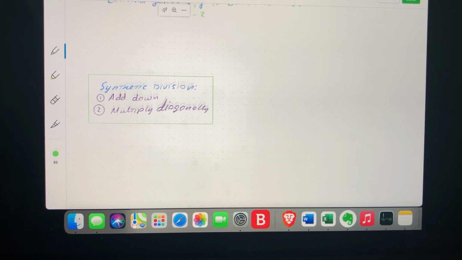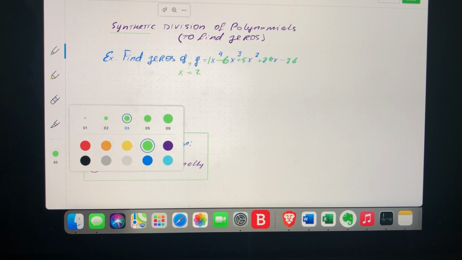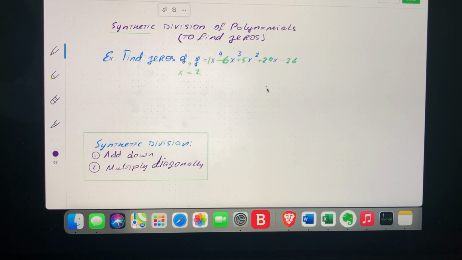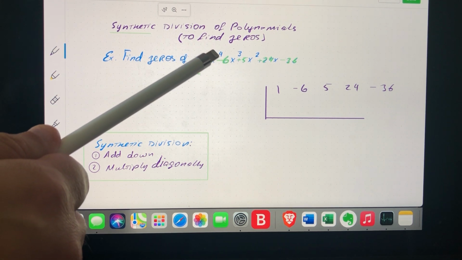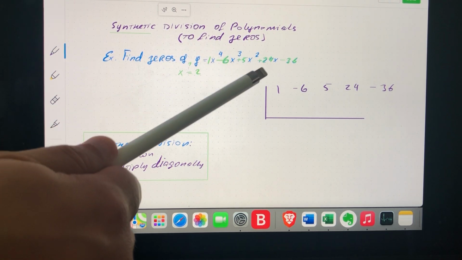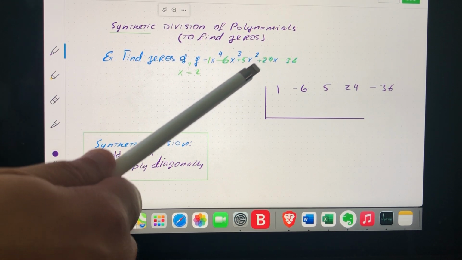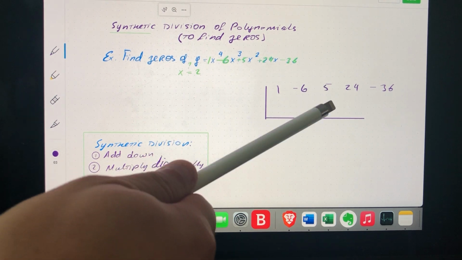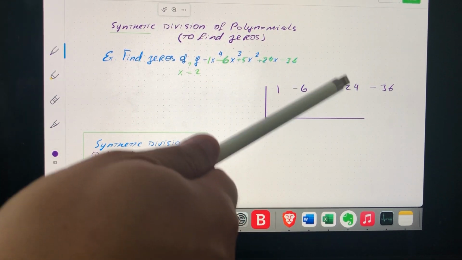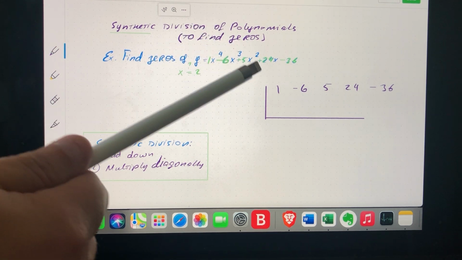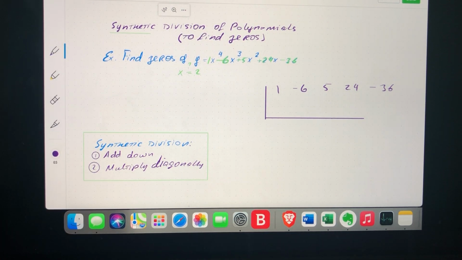We have to make sure that all the terms are present in descending order, so the highest power comes first, then the smaller ones, and all of them have to be present. If the x squared was missing, we would put 0 in place of that term. If the x was missing, we would put 0 in its place. It's very important to keep all the places. And then we are dividing by what we think the solution is, which is 2.